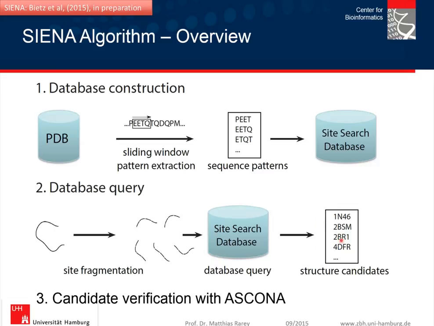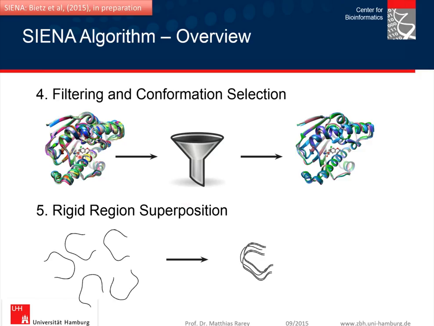So these are our candidates, and with these candidates we can go into ASCONA, which you've seen in the previous part of the talk, and then we can actually align the binding sites and check whether we truly have a correct alignment or a correct mapping of the binding sites.